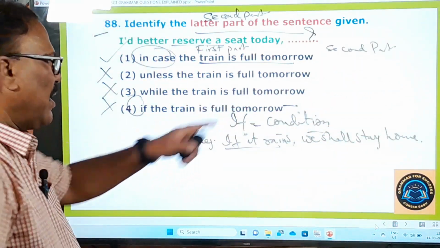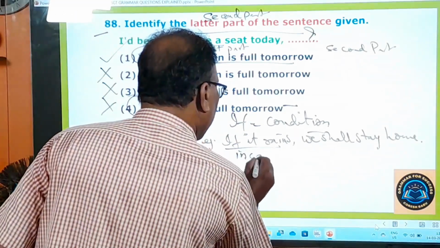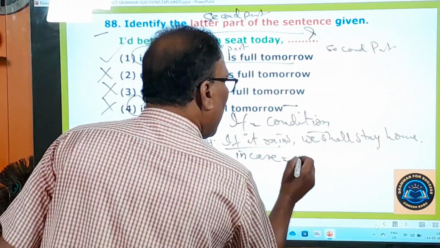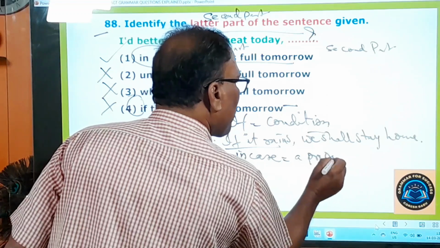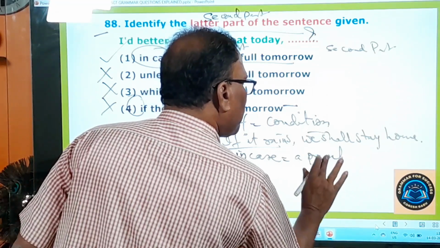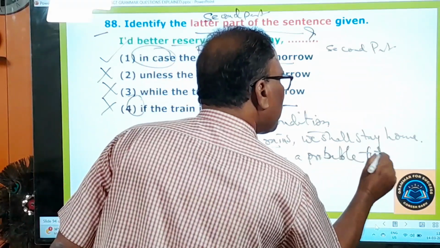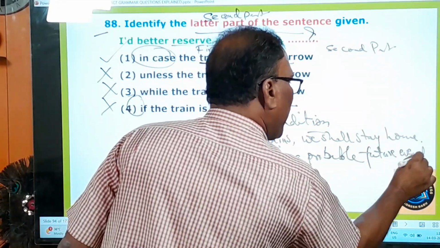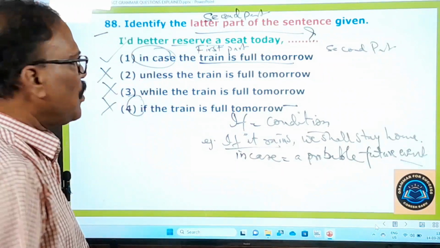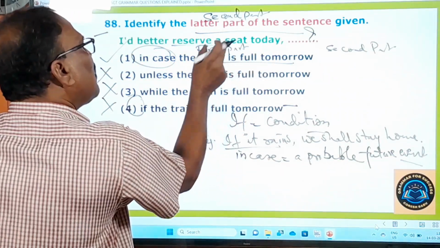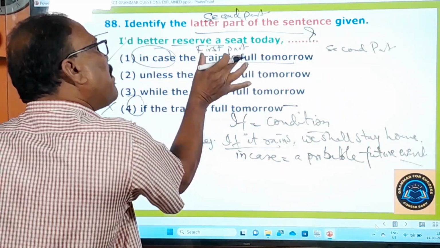If indicates only a condition, but in case indicates a probable future event. So tomorrow the train is going to be full. It's a probable thing.